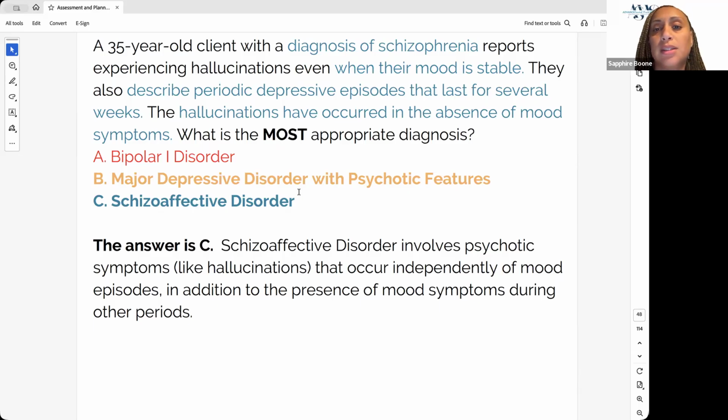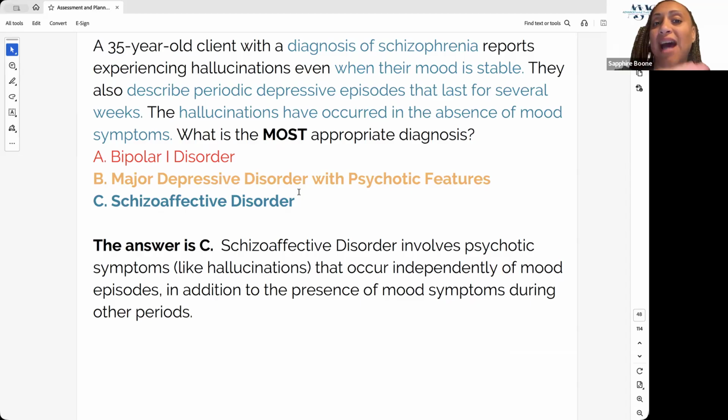But because it talks about the schizophrenia, we can kind of go between B and C. Because bipolar 1 is different than schizophrenia. Okay, that makes sense. The ingredients are a little different. But because we have the depressive and then we have the hallucination, which can come with manic, you'd be like, well, maybe it's bipolar 1, right? So that can be confusing.